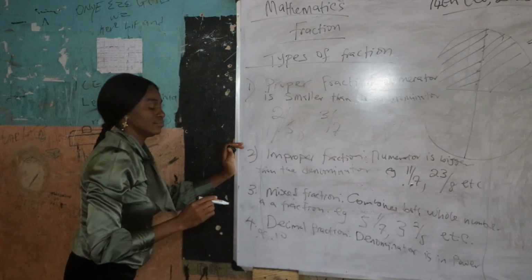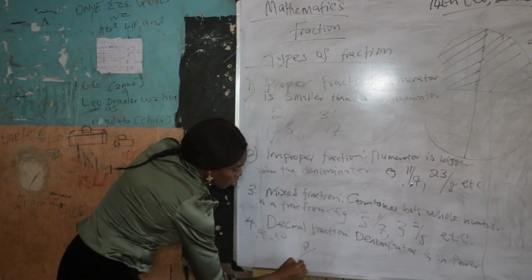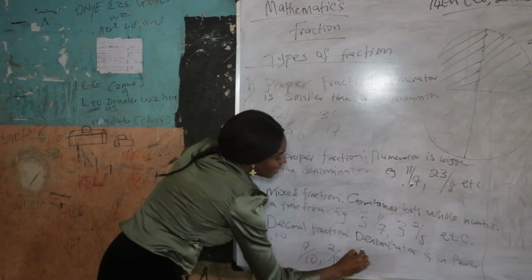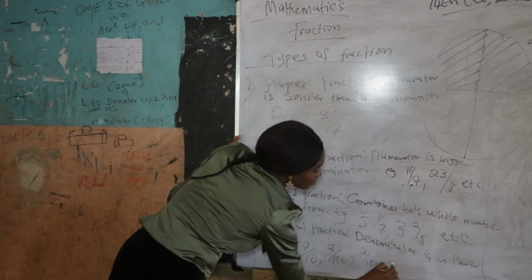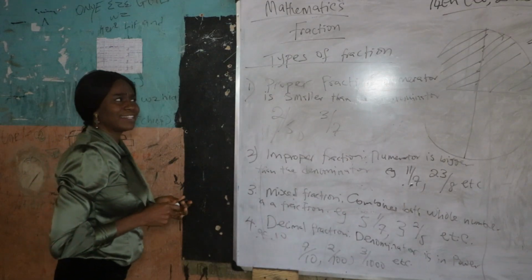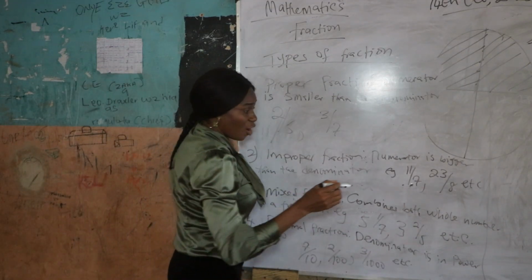Example, 7 over 10, 2 over 100, 3 over 1000, etc.